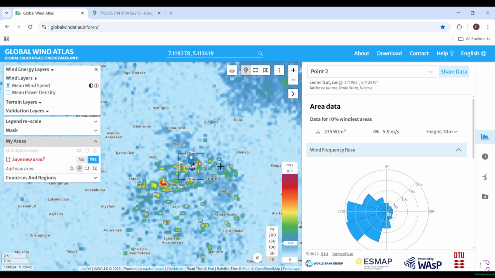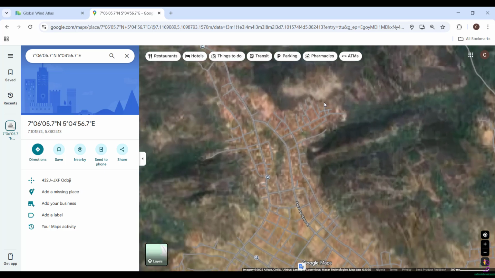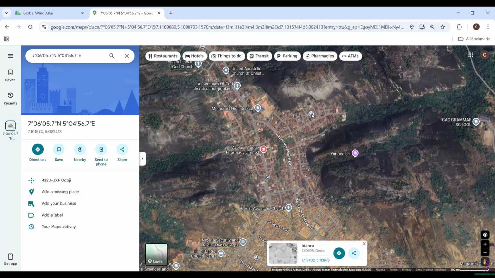So this is also a vicinity where people are living. You can see here there are roads, there are buildings, there are houses there as well, which is where we have selected. Let's select another one.